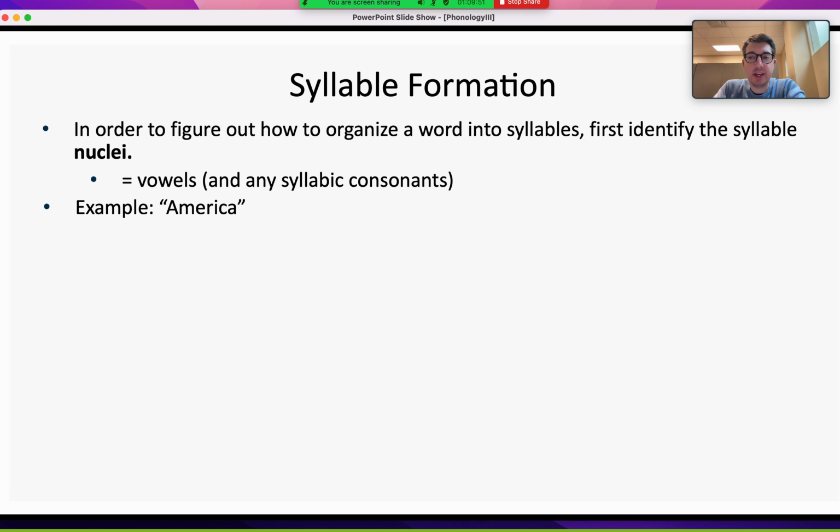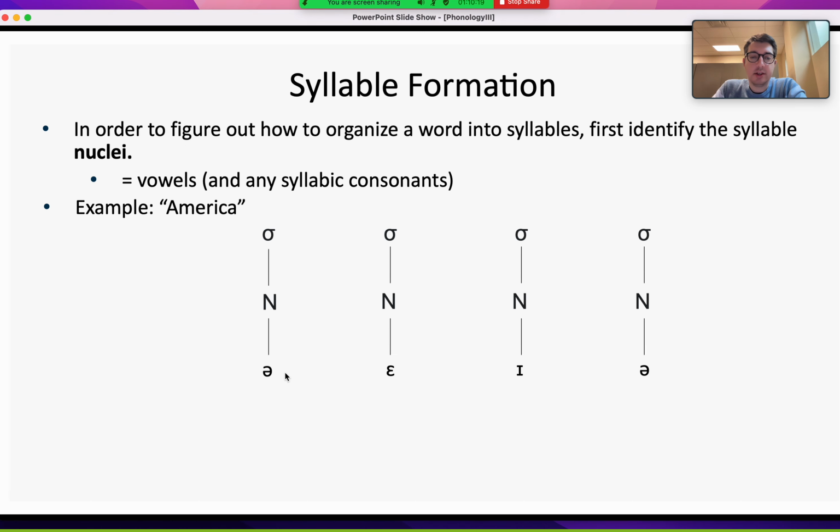Just a stroll down memory lane. In order to figure out how to organize a word into syllables, first identify the syllable nuclei, meaning multiple syllable nucleuses, or nuclei if you want a plural. We look for vowels. So vowels are our nuclei, or any syllabic consonants, and we'll come to that part.